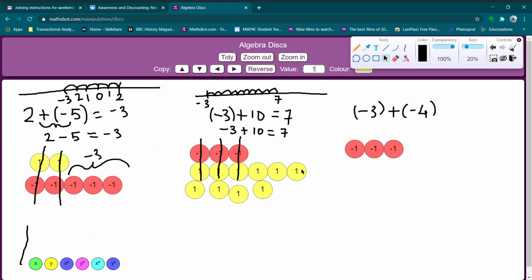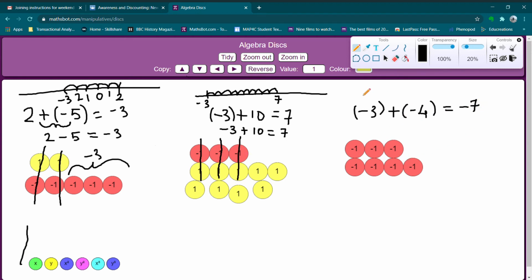I don't have them, so I'm going to bring it from here, and I'm going to reverse the sign, and I'm going to go 2, 3, 4. So the top number is -3, the bottom number is -3. There are no zero pairs. So all you're going to do is add them all together. And when you add them together, you get 1, 2, 3, 4, 5, 6, 7. But they're all negatives, so it is -7.